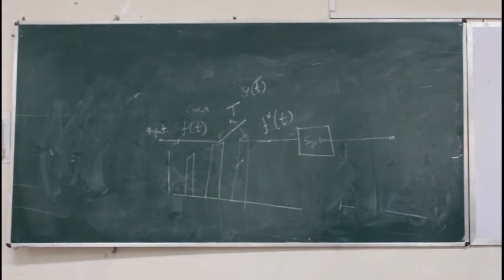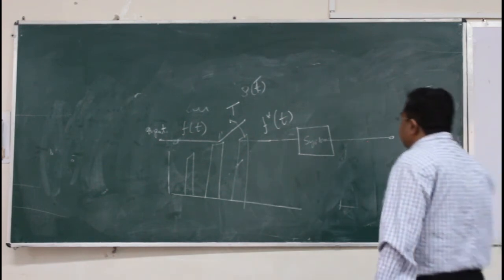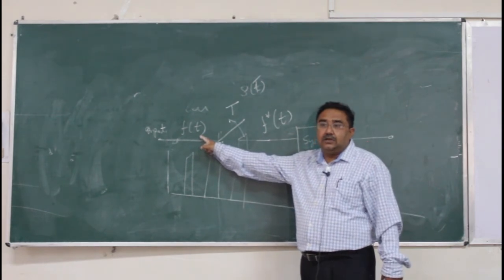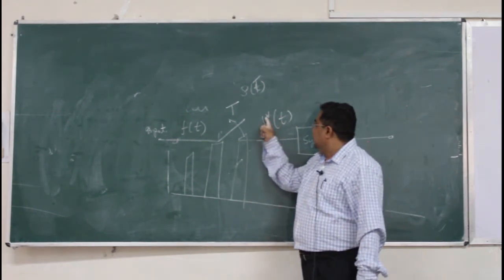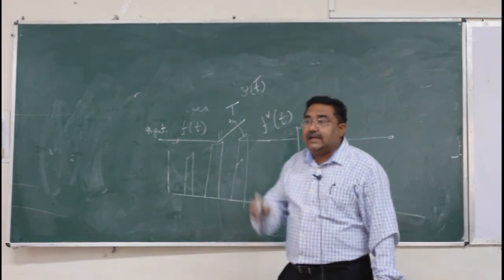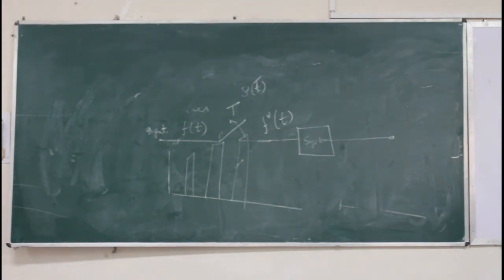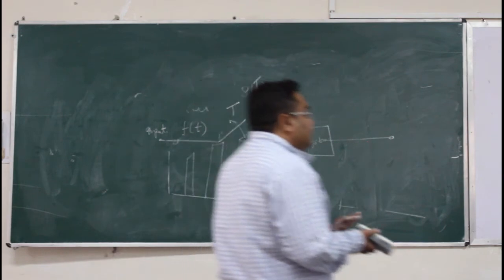The output of a sampler is a starred signal, S-T-A-R-R-E-D, represented like f star(t). I can't say that here it is f(t). Mind it, f(t) represents a continuous signal, while the star with f(t) represents a sampled signal. So wherever a sampler is there, its output will always be a starred signal represented by f star(t). You got my point or not?